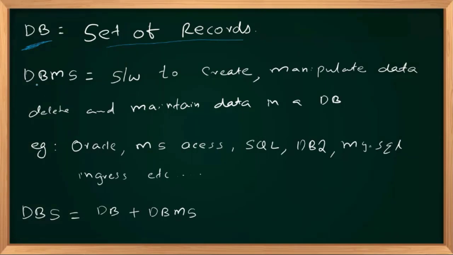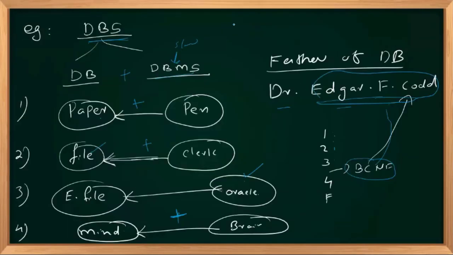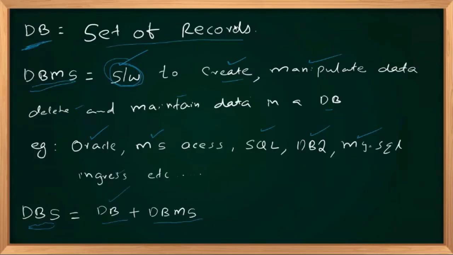What is a database management system? Here is the definition: a database management system is a software used to create, manipulate, delete and maintain data in a database.